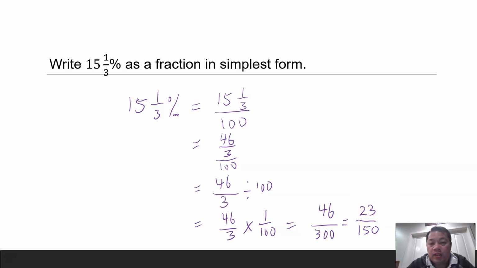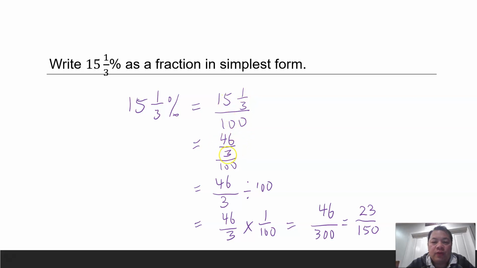Okay, look at the steps carefully again. Try to understand what's happening. So again, I just simply converted 15 and 1/3% into the normal form of fraction. Okay, from the percentage into a fraction, what I meant. Then from here, I converted 15 and 1/3 into an improper fraction.